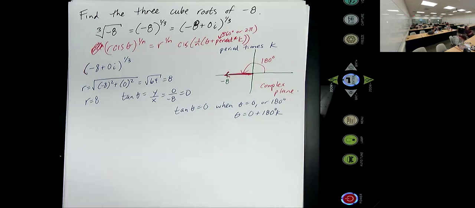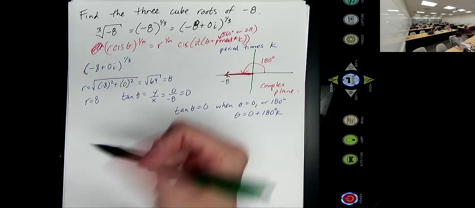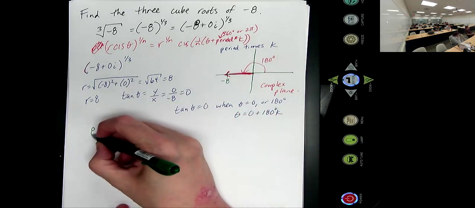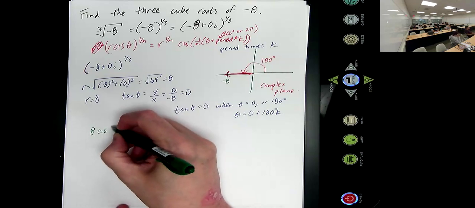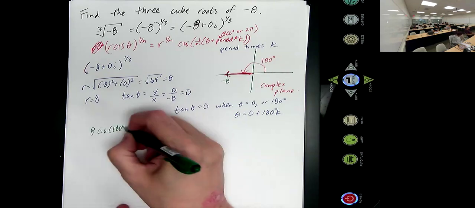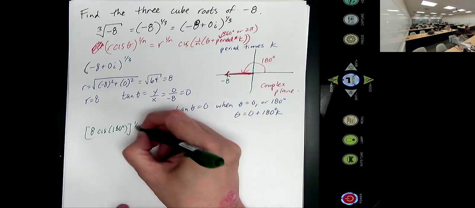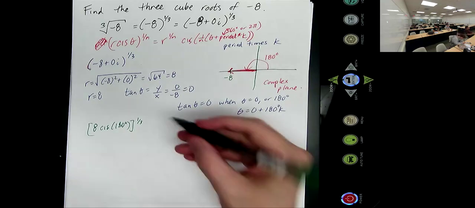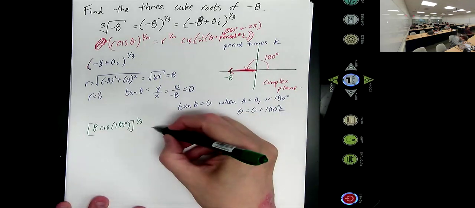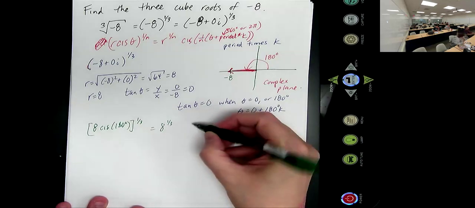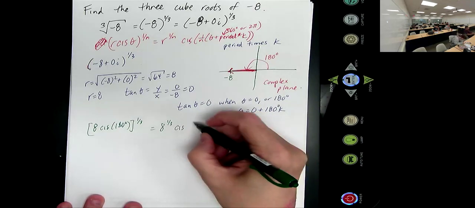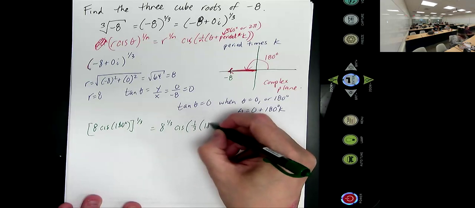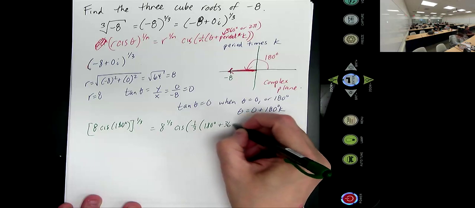So what we've got: r equals 8 and we had 8 cis 180, and we're raising that to the 1/3. So this is going to be 8 to the 1/3, and then for the cis theta, it's going to be 1/3 times 180 degrees plus 360k.